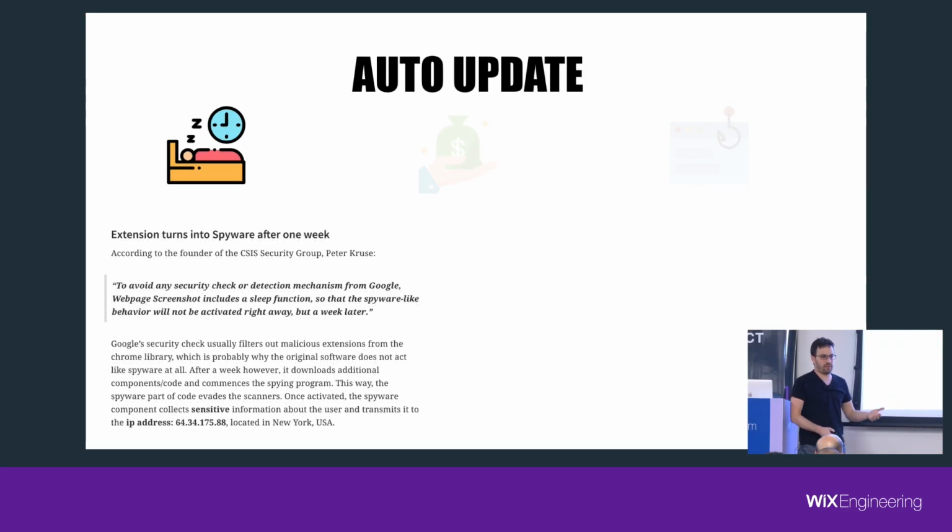That means that every time the developer decides to push some code to the server, it is immediately sent to all the users. So what extensions will most of the time do is start with clean code, getting more good reviews, and more and more users, until, bam, they decide to publish the malicious code, which is immediately sent to all the users.